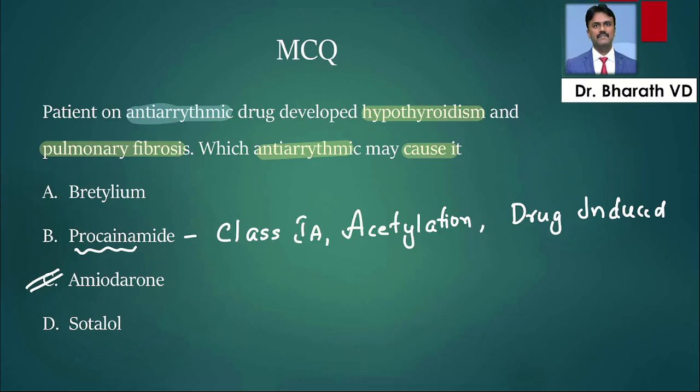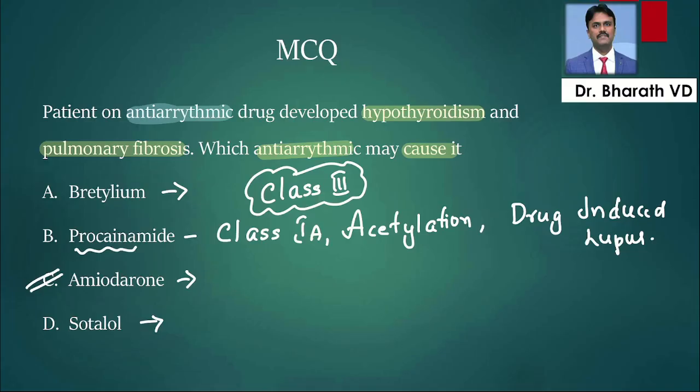Bretylium, amiodarone, sotalol, all these three belong to class 3 antiarrhythmic. So in that, let us understand the adverse effect of amiodarone.